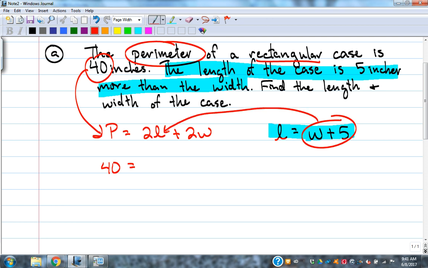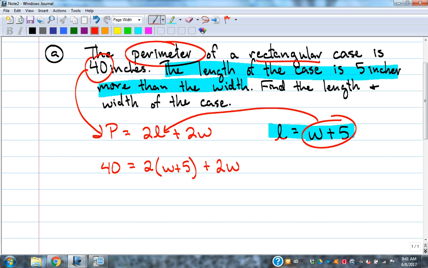So I can replace the length with W plus 5. And I can solve this equation using the skills that I just talked about in section 1. Okay. So I've set up this equation to make it easy to solve.